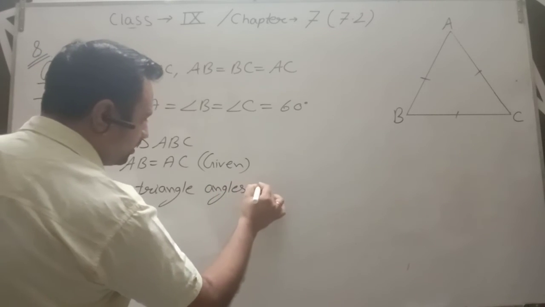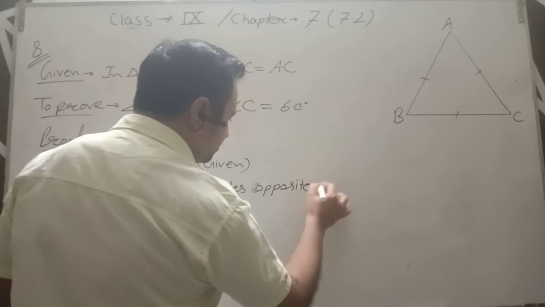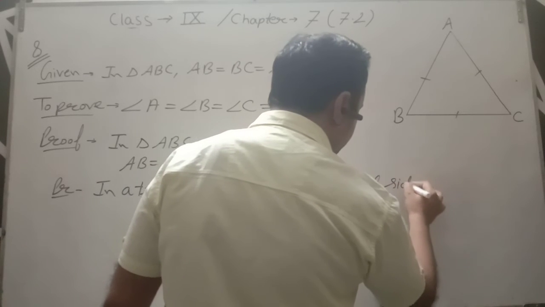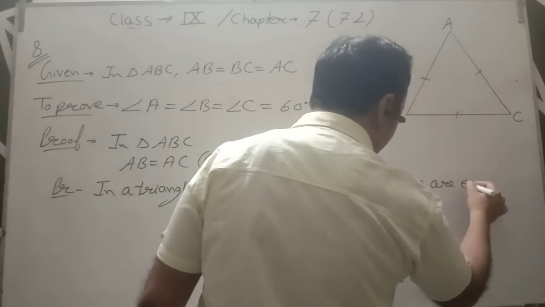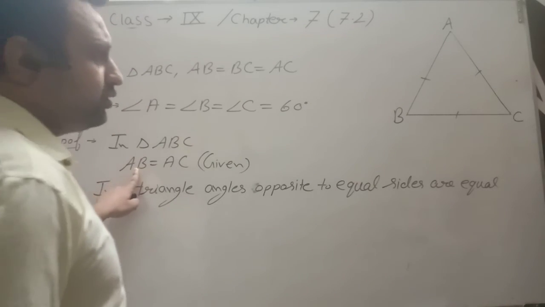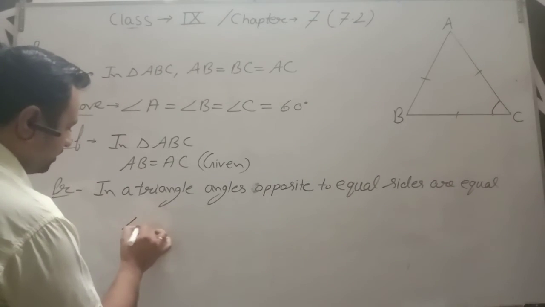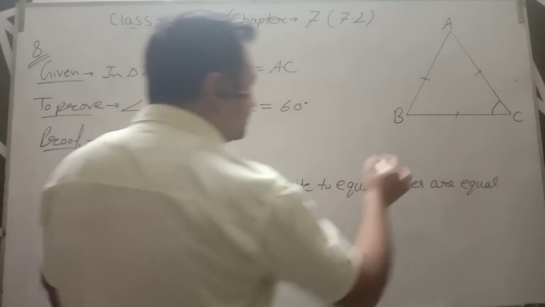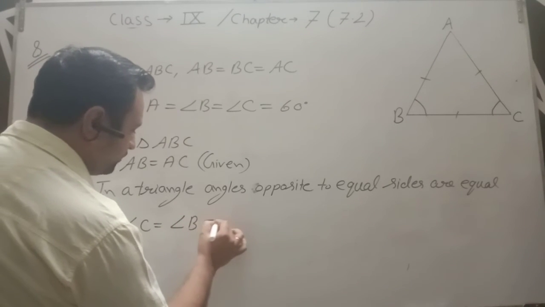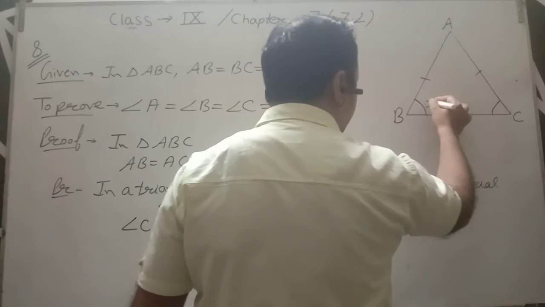So what is the opposite angle of side AB, which is angle C, and what is the opposite angle of side AC, which is angle B? So both angles are equal and we suppose both angles are x. Just show in the figure.